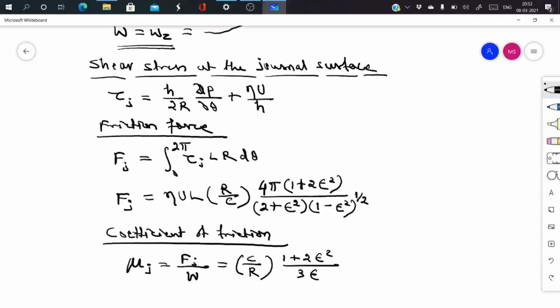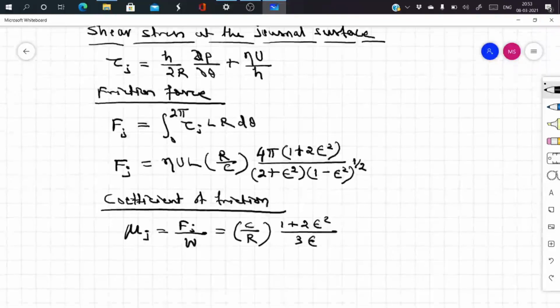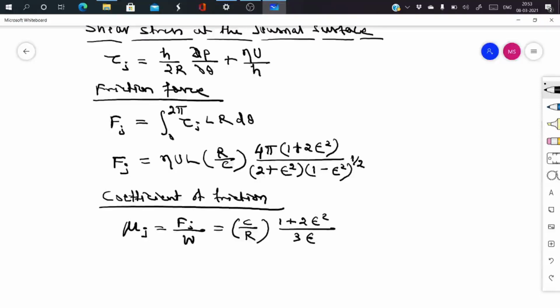This is the coefficient of friction for this journal bearing. Now similarly, you can calculate the friction force at the bearing surface.